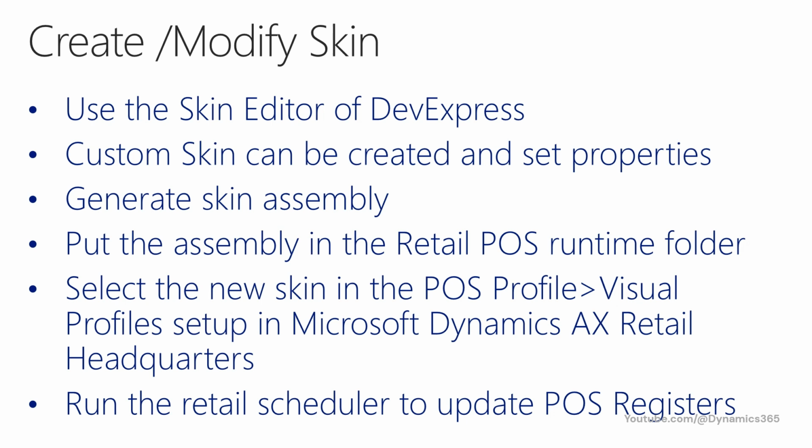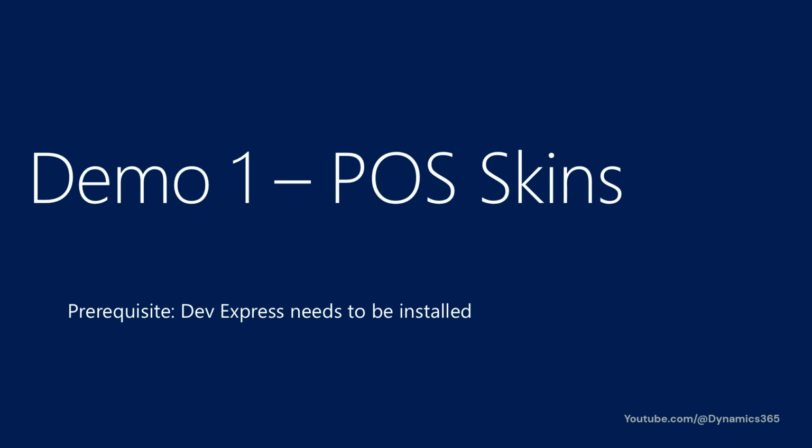For the retail POS registers to pick up the new skin and display them, you must select the new skin first in the POS visual profile setup in Microsoft Dynamics AX Retail Headquarters and then run the retail scheduler to update the POS registers. We will now go through a demo of how to create or modify retail POS skins.